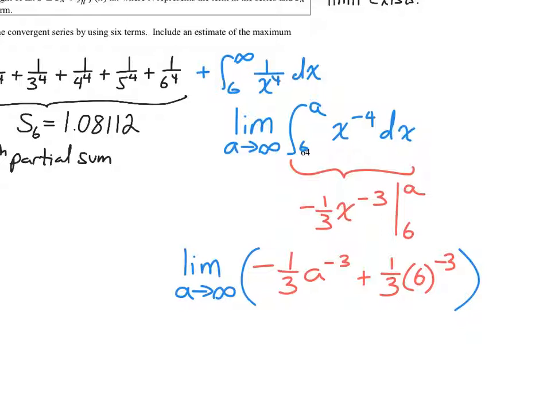Now, because this has a negative exponent, this is going to end up being negative 1 over 3a cubed. The other part is 1 over 216 times 3, 648.